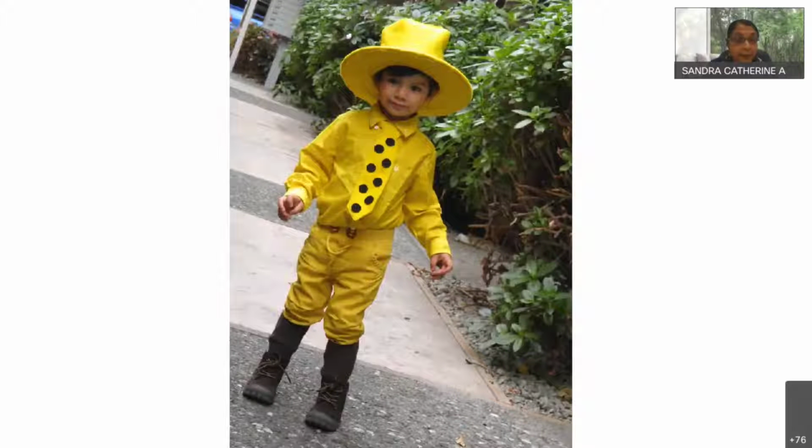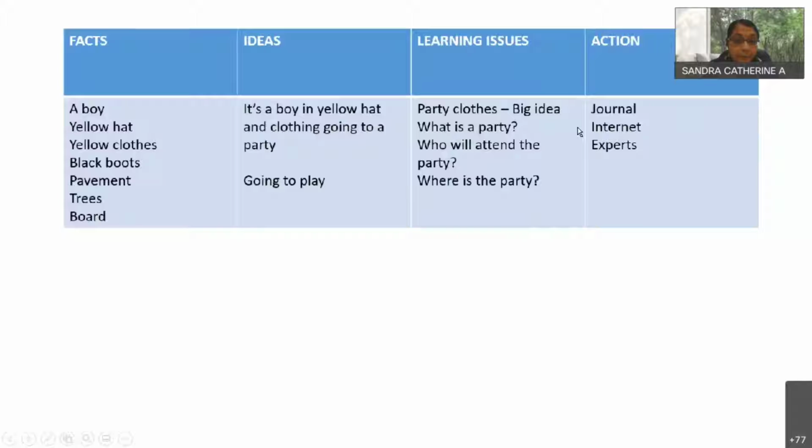And next one, next slide. So this is an example. Based on the facts that we saw, we can see it's a boy, a hat, yellow clothes, black boots or brown boots, pavement, trees and board.